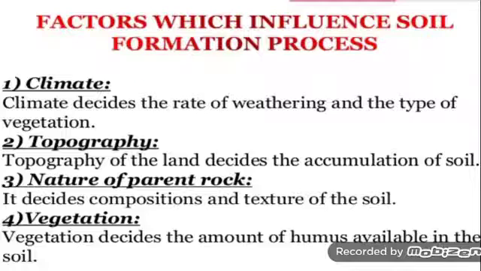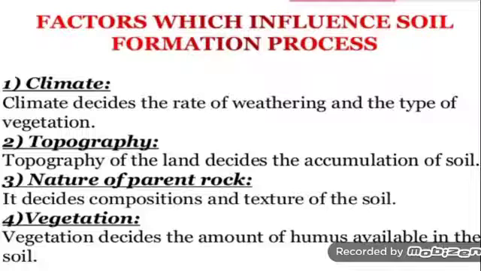For example, areas with little rainfall and a high rate of evaporation lead to the accumulation of salt in the soil. The soil underlying the tropical rainforest tends to be nutrient poor because of intensive leaching due to heavy rains.